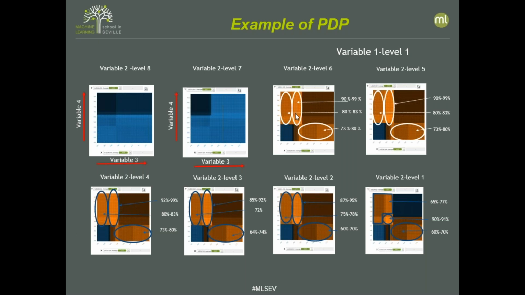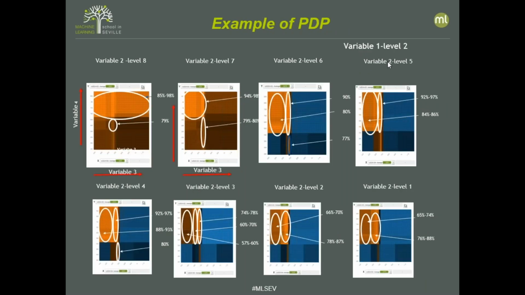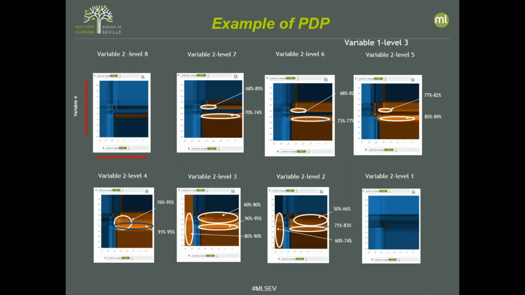So what we could see with this is that moving variable 1 to level 1, 2, or 3, there were certain conditions where we could get the maximum probability of success with quality and production cost. At level 3, we can see here that there was a blue color, so not successful areas, and the orange ones could provide values of 85, 89%, 90, 95 in some cases.